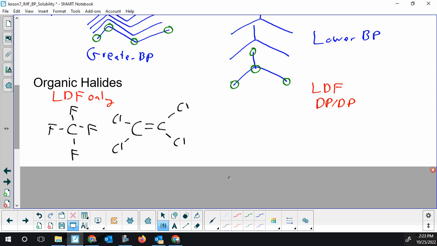What is way more common is an organic halide with polarity. We don't have 4 of the same halogens all around a carbon, and then the polar bond can't get canceled out. This very polar bond is not canceled out by those CH bonds.